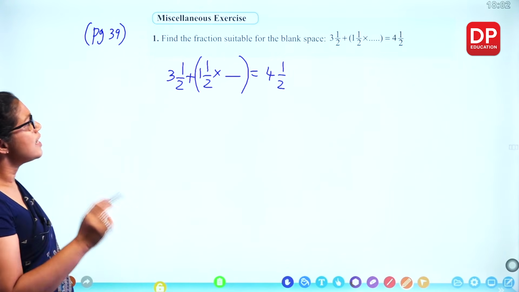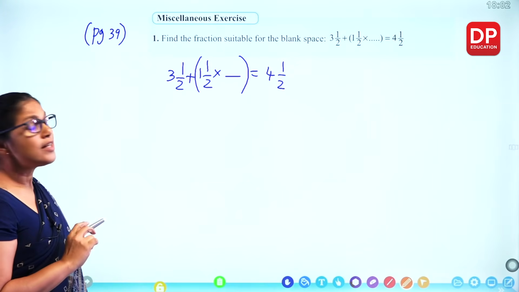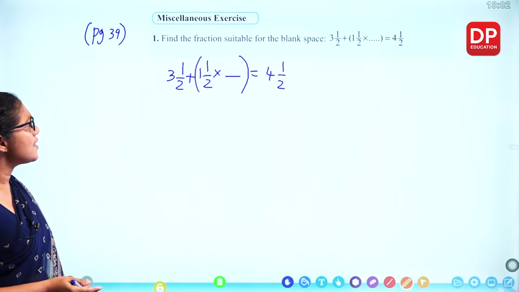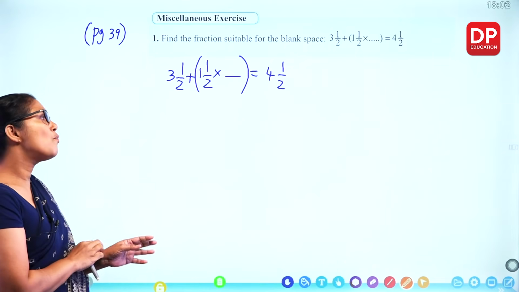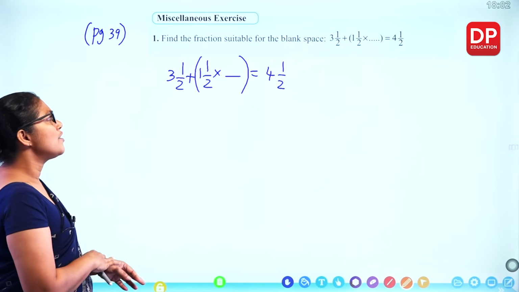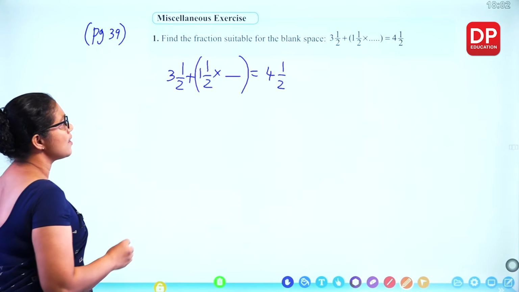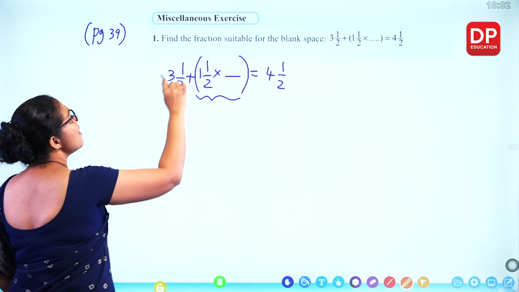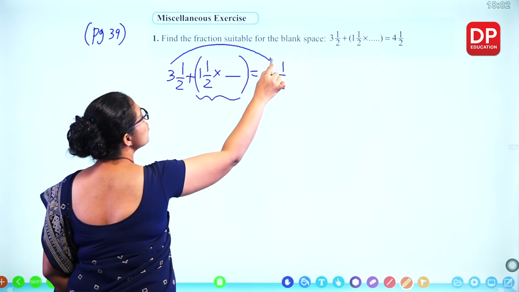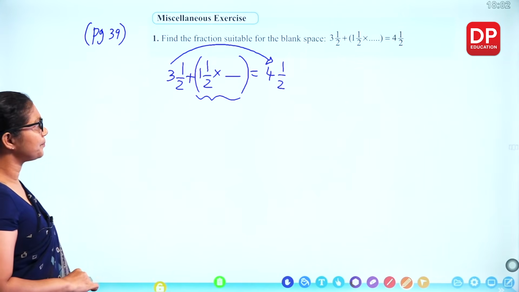I'll teach you this one in 2 methods. We'll see first thing. So you need to find out this. So we'll keep that on one side and try to find the answer. Now, if you want to keep this one on one side, that means you have to take this to the other side.